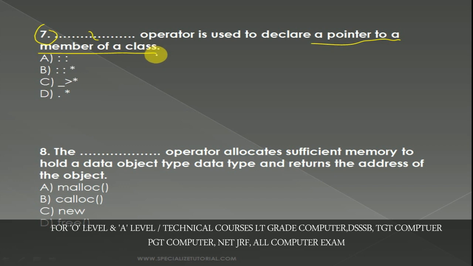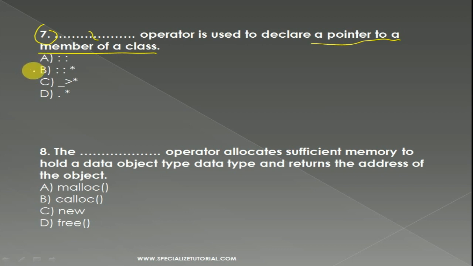Suppose the pointer to a member declared in the class is B. B is the operator used to declare a pointer to a member of a class.